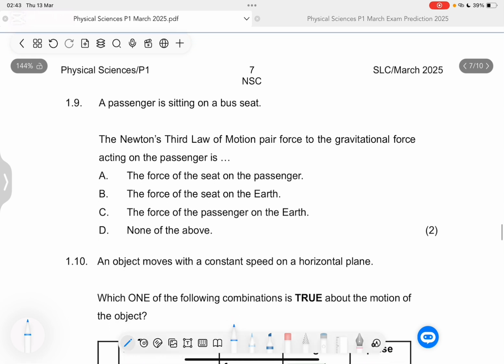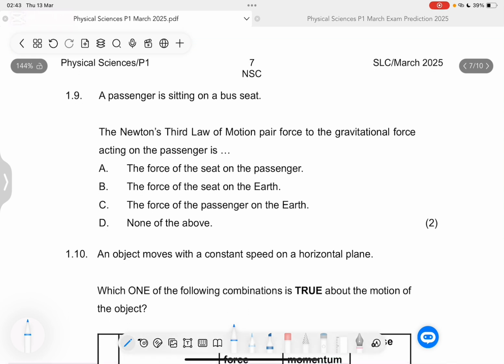Now when we look at question 1.9, they say to us that a passenger is sitting on a bus seat. The Newton's third law of motion pair force to the gravitational force acting on the passenger is, okay, let me break this question down.